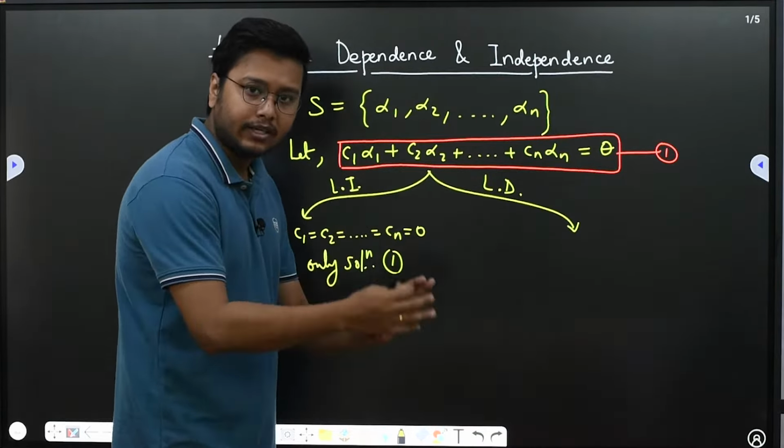Let's solve this in a cross multiplication way, which is C1 by, C2 by and C3 by.